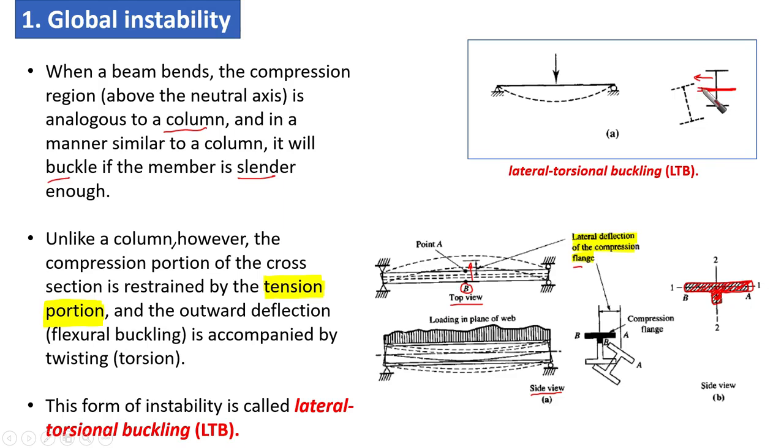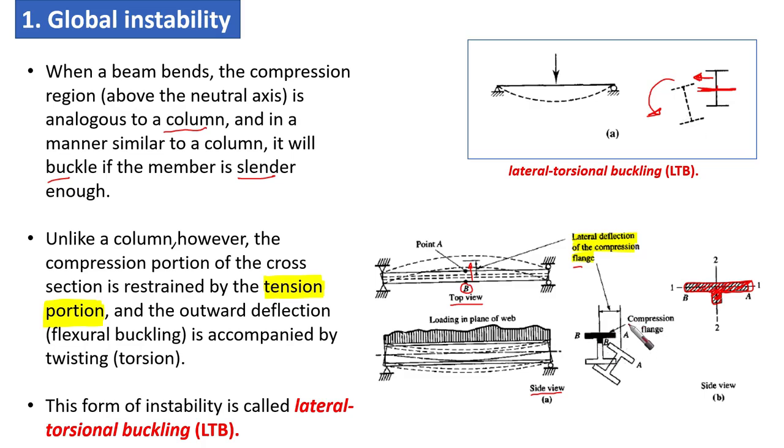Okay, it's not going to buckle while maintaining the same position. No, it is going to move laterally, and at the same time it is going to have a torsional or twisting motion, as you can see here and here.